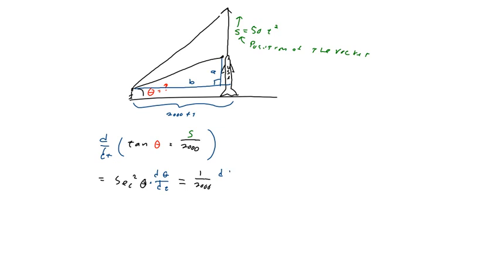Or, you could think of it like it's ds dt over 2000, because 1 over 2000 doesn't change. So we get this connection here. We can find out how fast the angle changes, how fast the position changes.